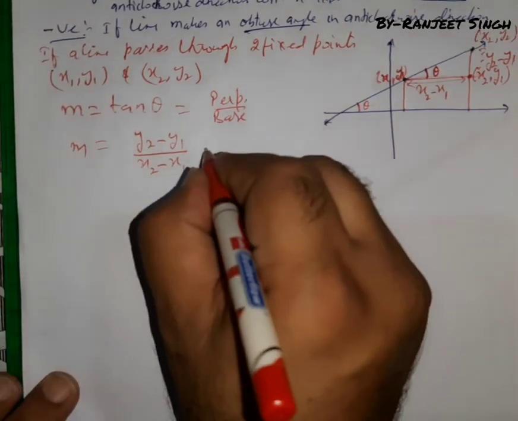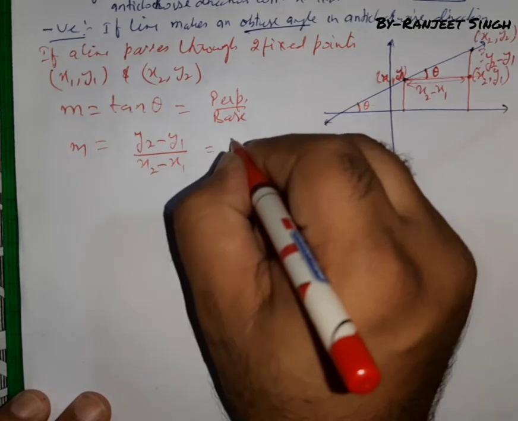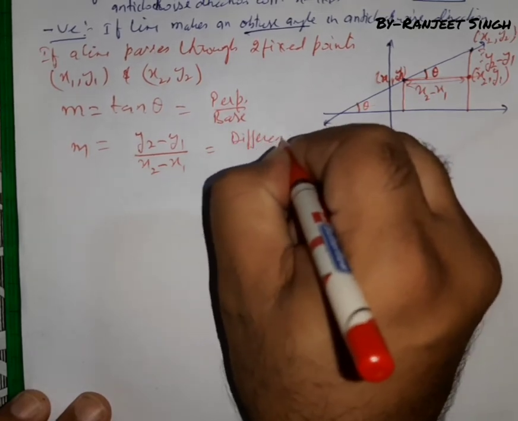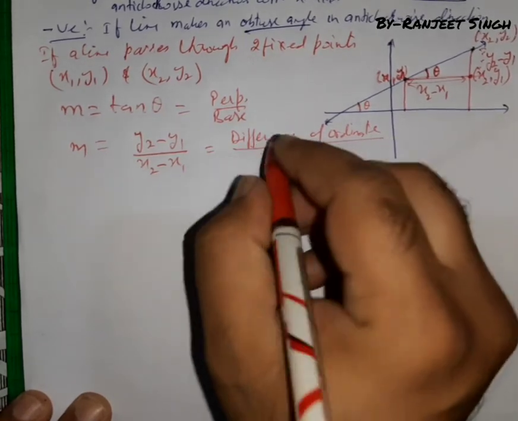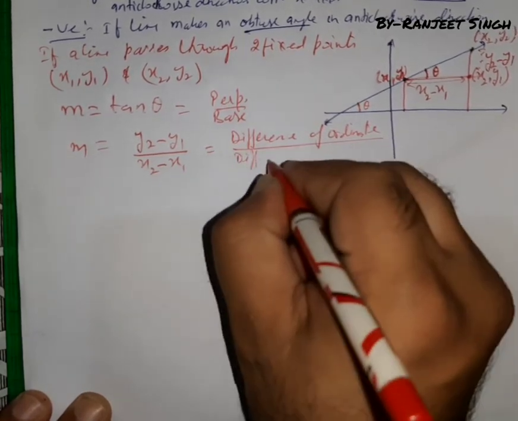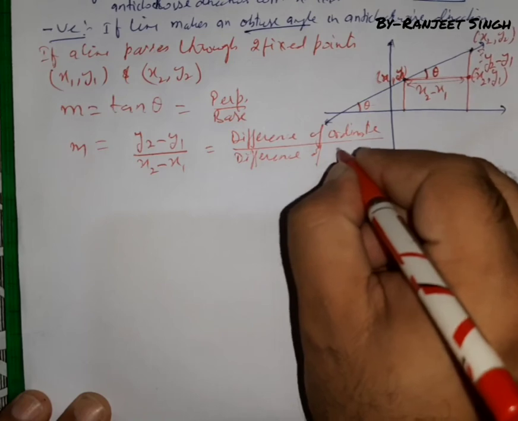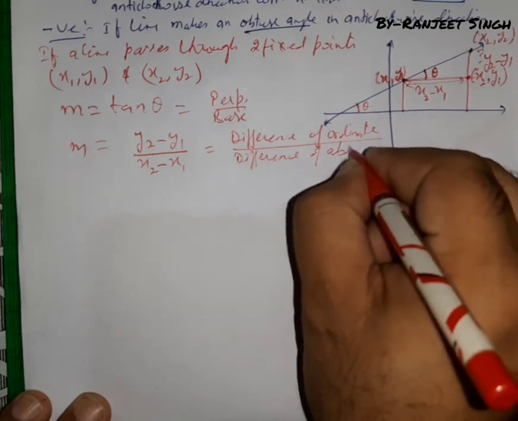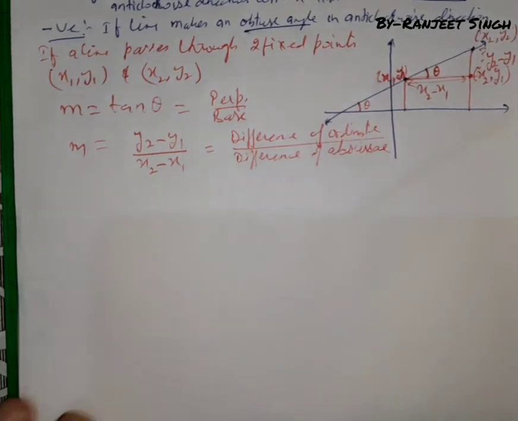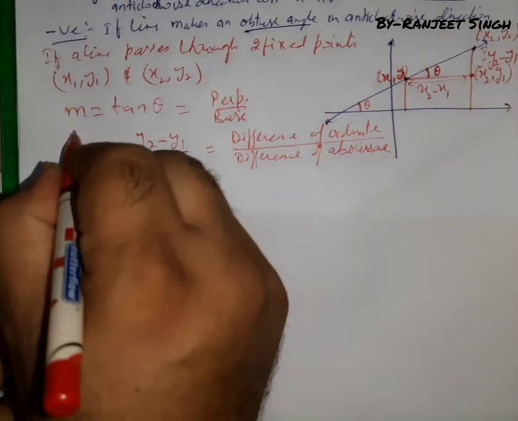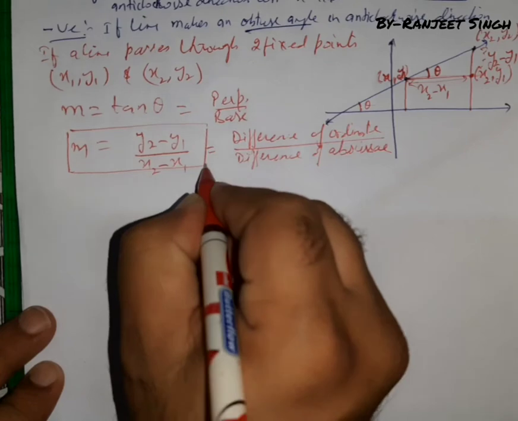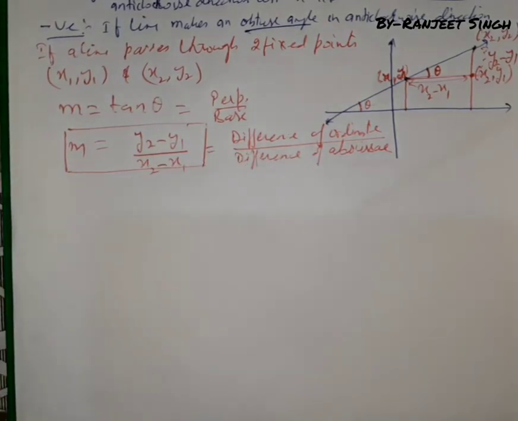So also we can say that y2 minus y1 is the difference of ordinates divided by difference of abscissa. So we have to remember this also. Means in case some line is passing through 2 points, then we can calculate the slope in this way. So it will be equal to the ratio of the difference of ordinate to the difference of abscissa.